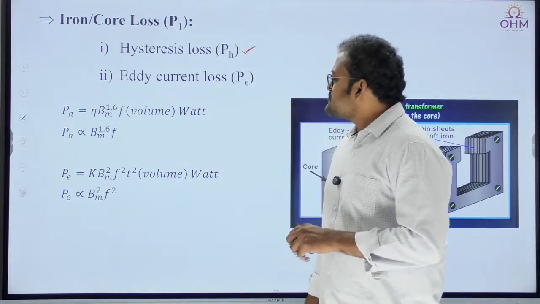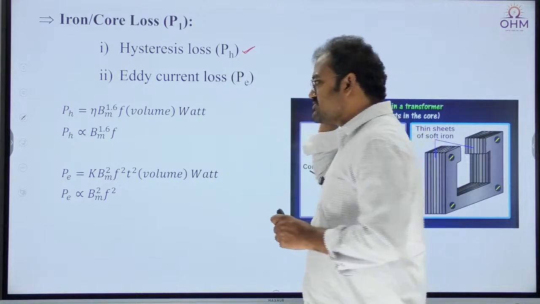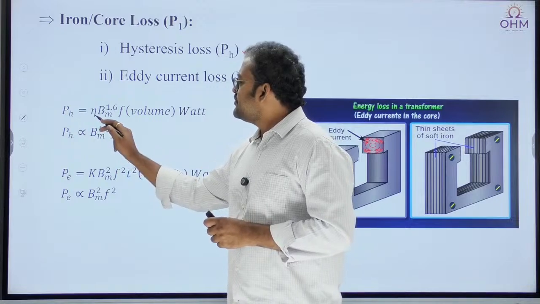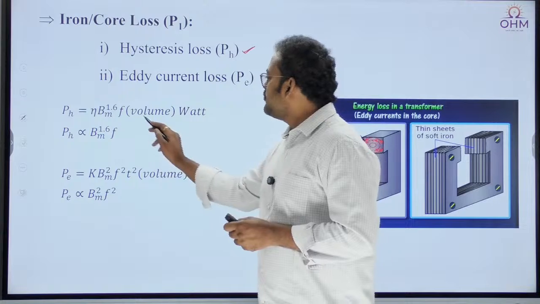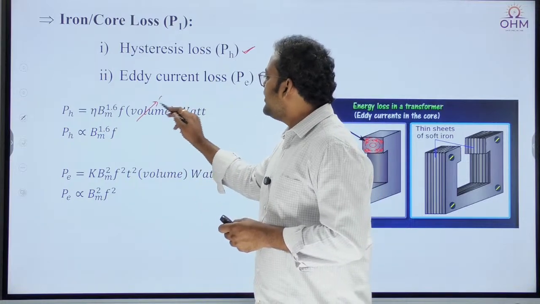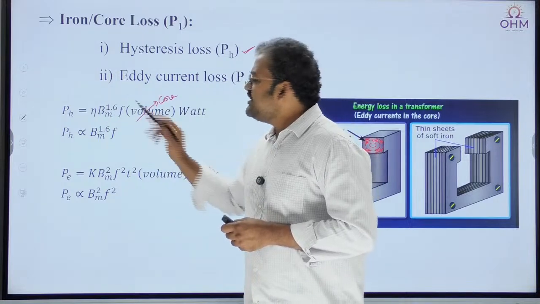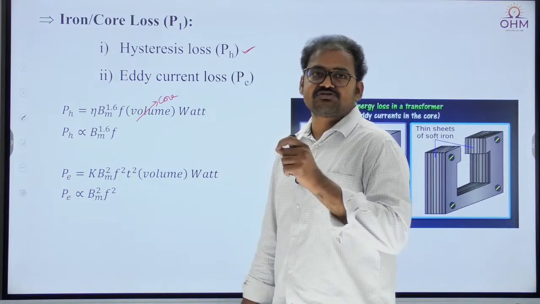Now, the important thing is what are the formulas to calculate hysteresis loss and eddy current loss. I have clearly mentioned here. Hysteresis loss is equal to eta into Bm power 1.6 into F into volume of the core. Here volume means the core volume. F is the frequency, Bm is maximum flux density, and eta is known as hysteresis coefficient.